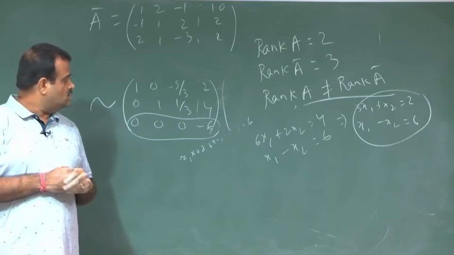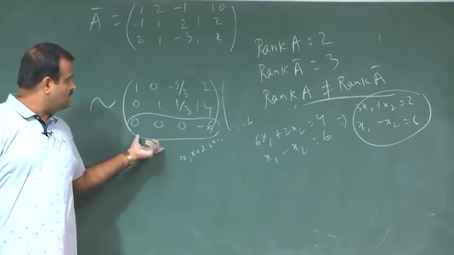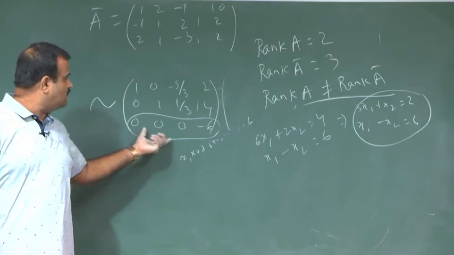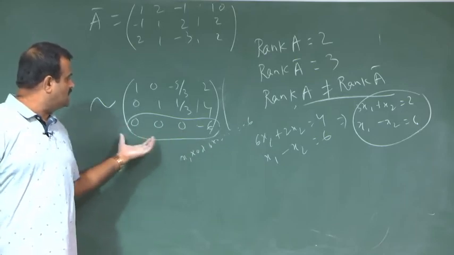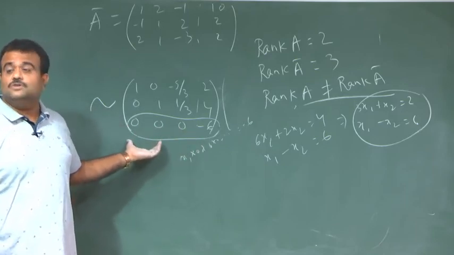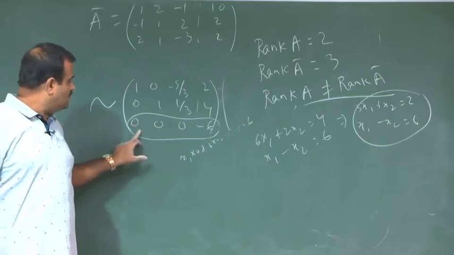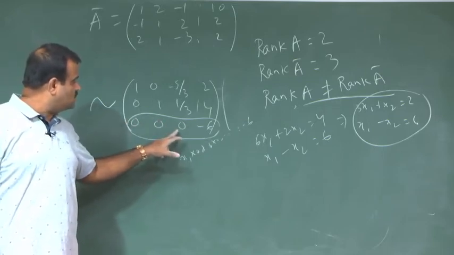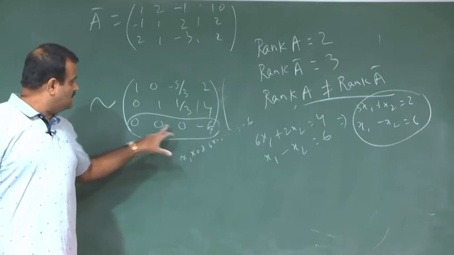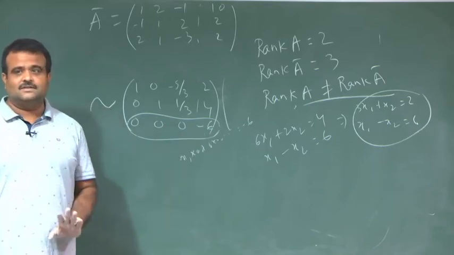If the rank is not the same, that means we will end up with an equivalent system like this, which has no solution because all the coefficients are 0 and there will be no x which will satisfy this, minus 6.